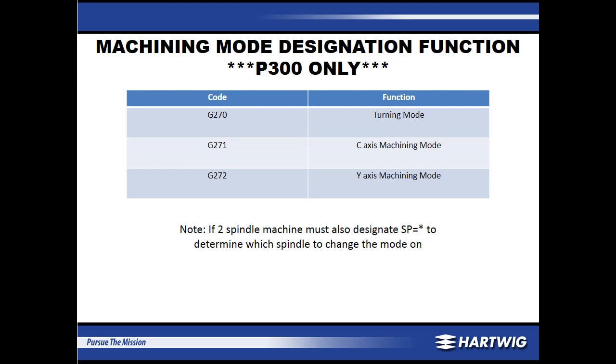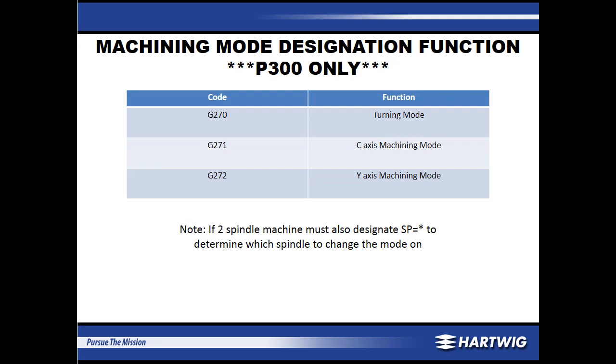Another function on only the newer P300 controls that's really nice to use on multifunction lathes is machining mode designation function. This is essentially a G-code macro that you command one code based on what type of machining you intend to do going forward in the program until you change modes again, and the machine will command the code necessary to put the machine in that state.